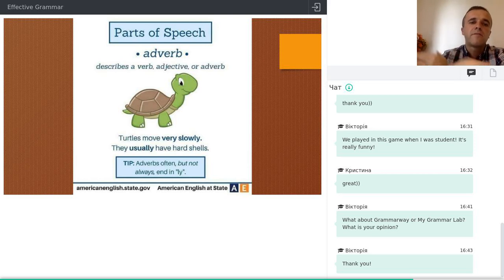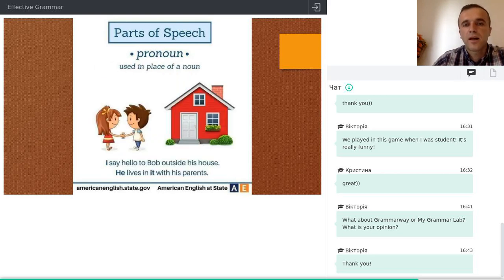And adverbs can be used not only with ly. Mention that always and often are also adverbs, and you can provide plenty of examples of adverbs for them to understand.